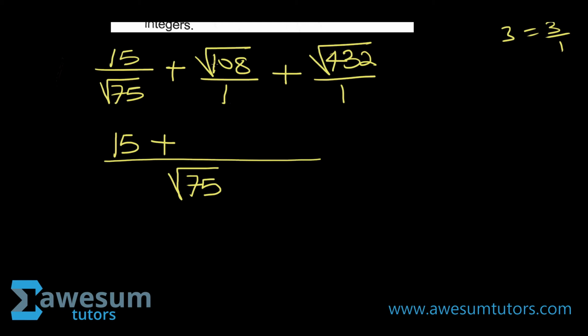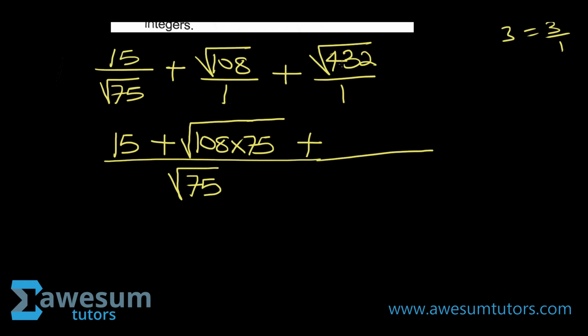Now root 75 times root 108, so that's going to be 108 times 75, putting everything in that square root. Plus 1, how many times will 1 go in root 75? That's going to be root 75.